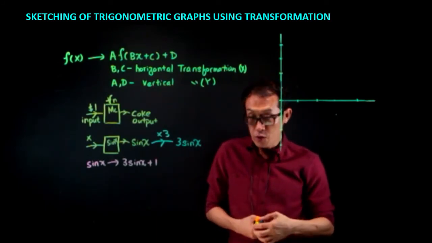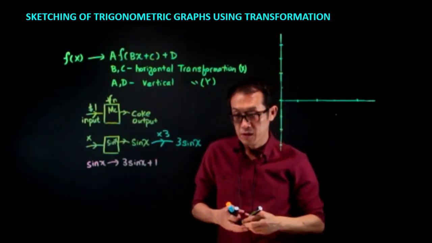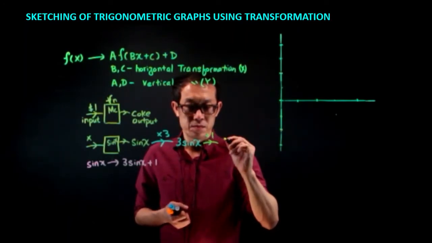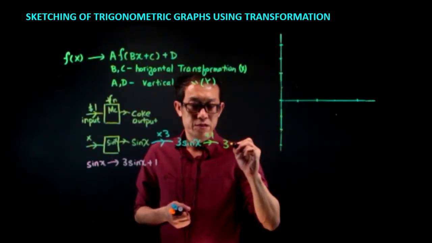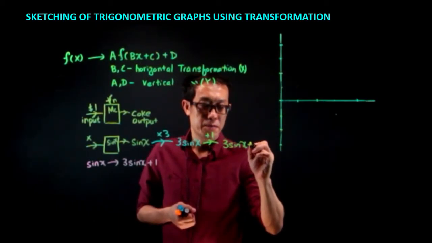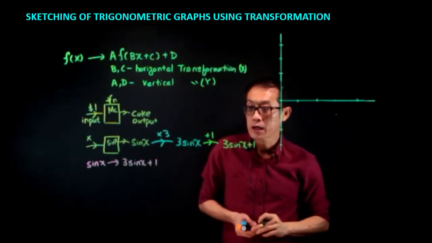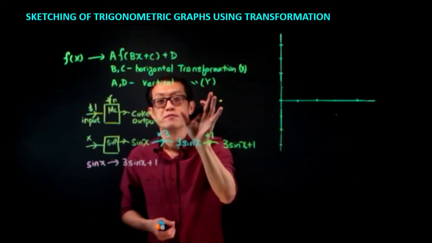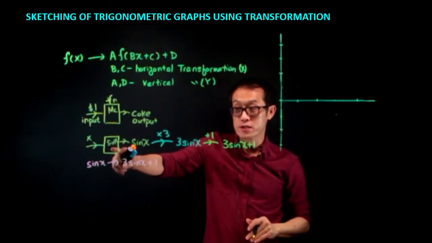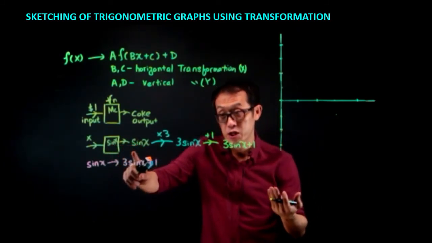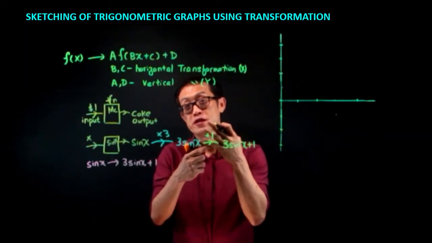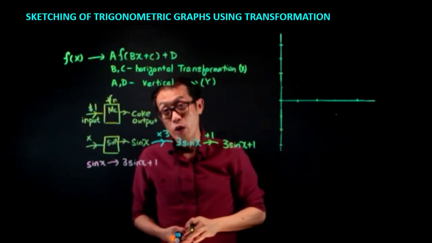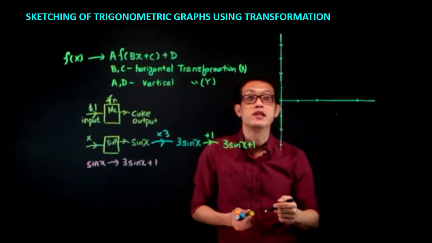And then you add 1 to this output, so you have 3 sine x plus 1. Why would I like to call this the y transformation? You put x into sine x, and the result comes out as sine x, which is actually y. Then you times 3 to the output, so you get 3 times y, then you plus 1 to it. So I like to call it the y transformation. I think it's more intuitive that way.